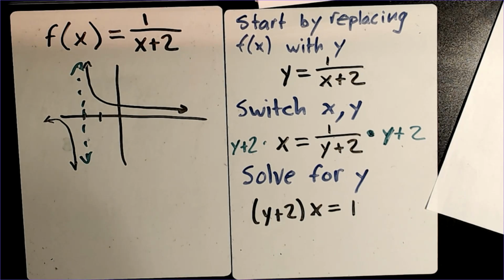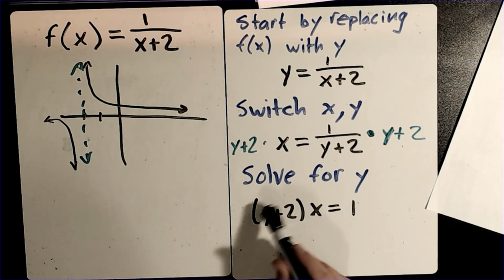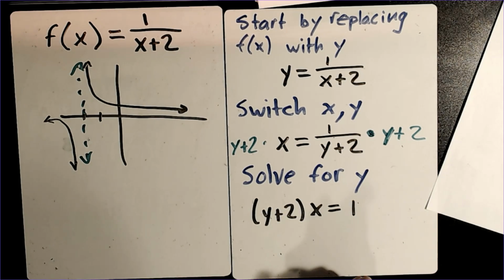Now we just want to solve for y. Now there are actually a few ways that you could do that. You could distribute this out first if you want, and then solve for y, or you could just divide by x on both sides and solve for y that way. Either way is fine.